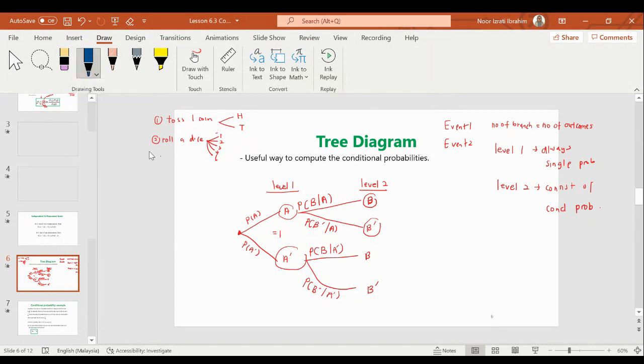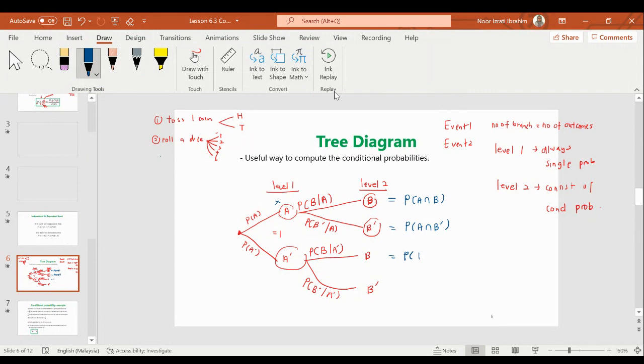Now it comes to the rule of multiplication. By using the rule of multiplication, when you multiply level 1 and level 2, you will get the intersection. So the probability of A multiplied by the probability of B given A gives us the probability of A intersect with B. The probability of A multiplied by the probability of B prime given A gives us the probability of A intersect with B prime.